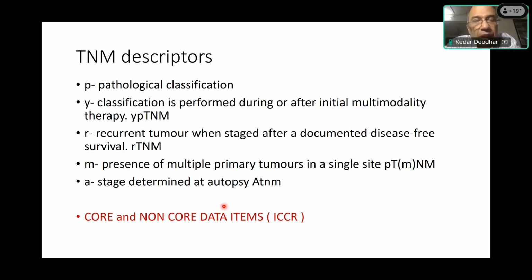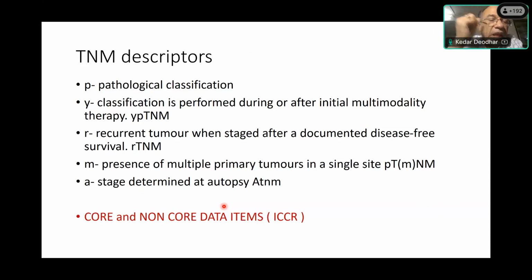We have cancer data sets given by various internationally reputed societies, such as the College of American Pathologists or CAP, the Royal College of Pathologists of UK or RCPath, and what is called the International Collaboration on Cancer Reporting or ICCR. This is a collaboration of many international experts, not only pertaining to one country.